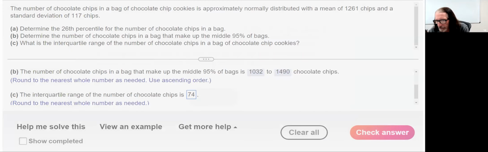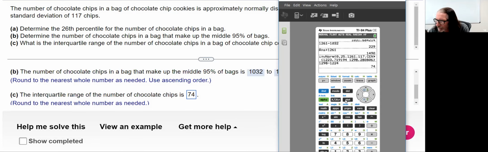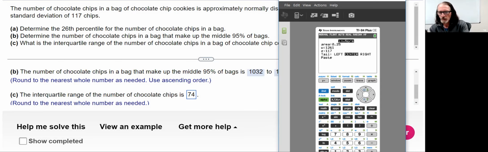I was thinking of below or above Q1 or Q3, but in between there's 50%. So 50%, 0.50 for an area.